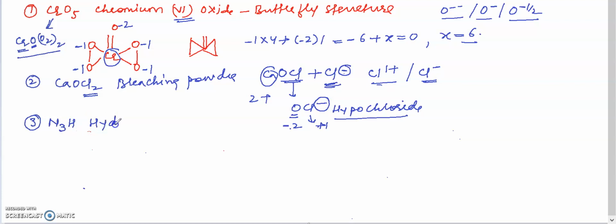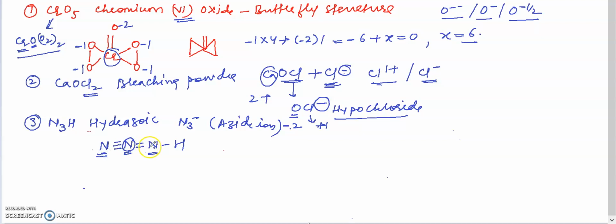N3H, hydrazoic acid. In this hydrazoic acid, N3 minus is the azide ion. In this N3H, this nitrogen is trivalent, this nitrogen is also trivalent, and this nitrogen is pentavalent. Fine. Now see, this nitrogen will have zero charge, zero oxidation number.